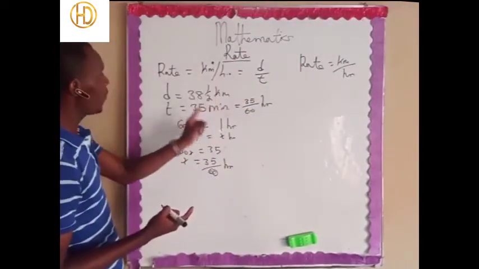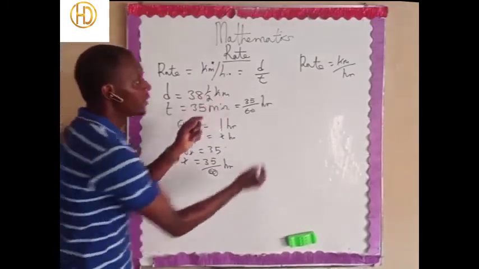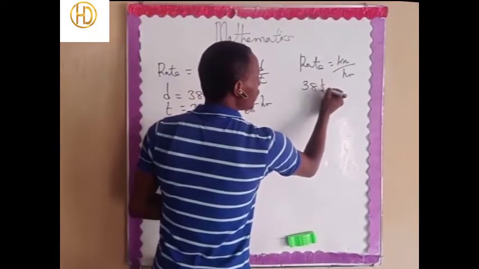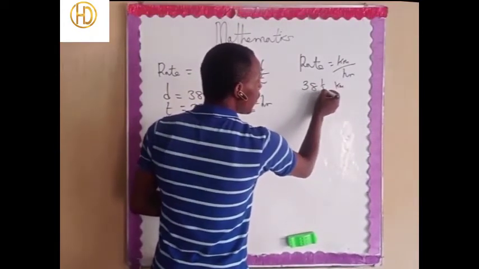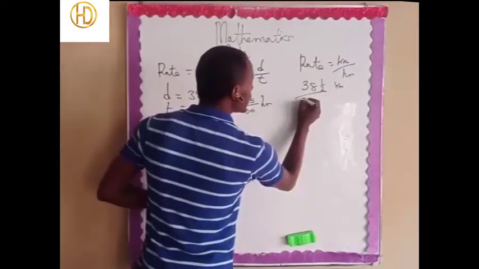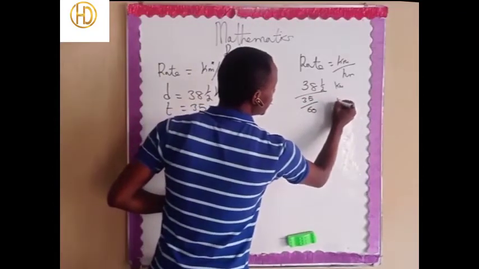From here, what is the kilometer we have? We have 38 and a half. Don't forget, in kilometer over what is the hour? We have 35 over 60 hour.